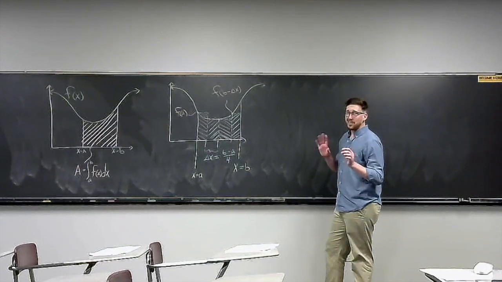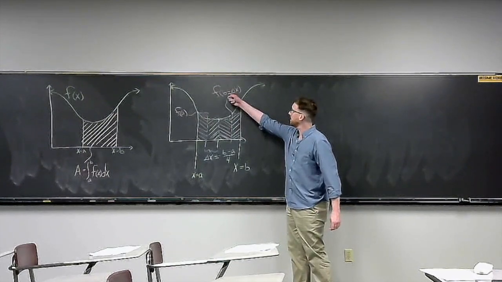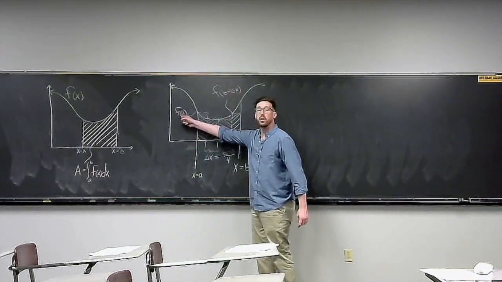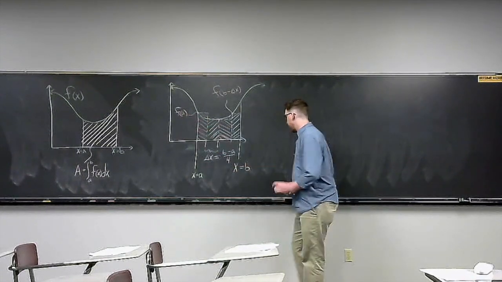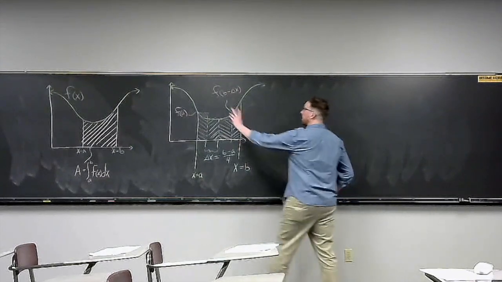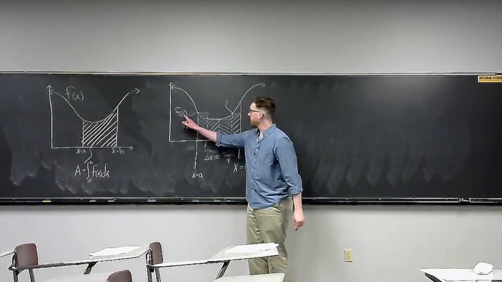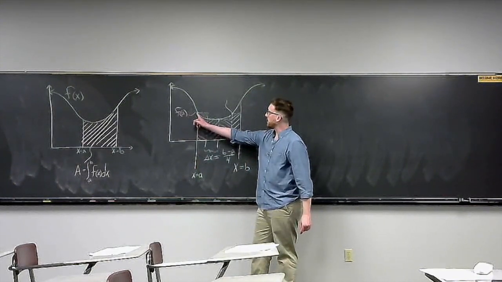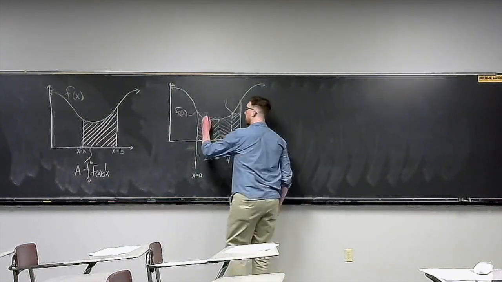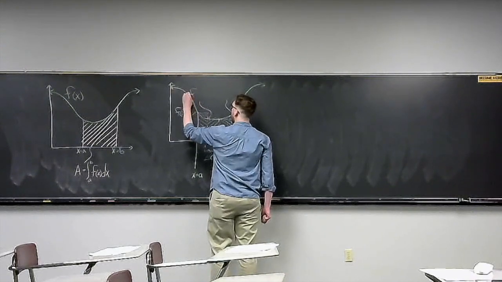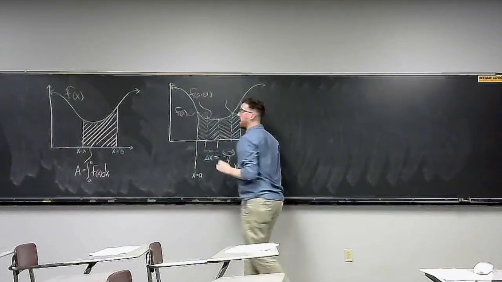Now, this is a little bit weird, and I'll explain why in a second, because we're going to abandon this in a minute and just work from f of a and with our delta x's. So what I mean to say is, another way of writing this is, if this corner here is at f of a, then this next top left corner is at f of a plus delta x, because we only go delta x over.